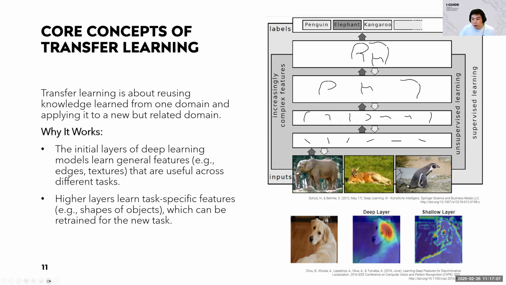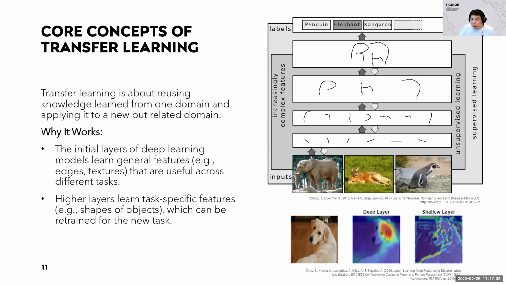In the bottom example, the input is the image of a dog, and the two images on the right-hand side show the activation, or the focusing point of the model, on the input image. As you can see, in the shallow layers, it looks everywhere, at the edges of the dog.